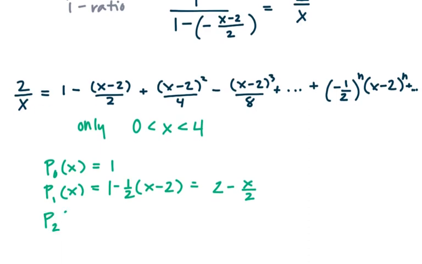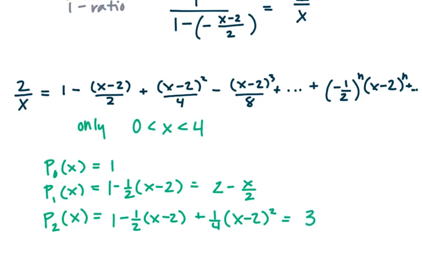And p sub 2 of x would be 1 minus 1/2 (x minus 2) plus 1/4 (x minus 2) squared, and that simplifies to 3 minus 3/2 x plus 1/4 x squared.